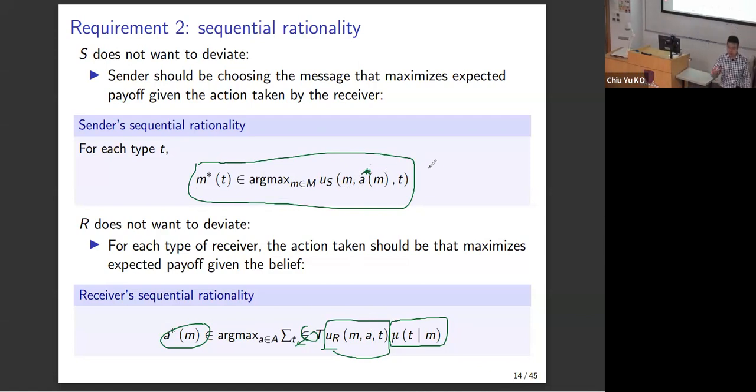Given the optimal action that is expected to be taken by the receiver in the equilibrium, he sends a message that maximizes his payoff. Sorry, there's a typo there, but it's okay.